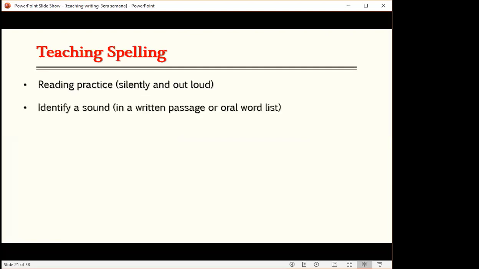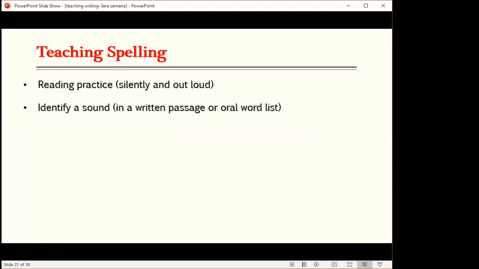The other one is identifying a sound in a written passage or oral word list. Notice it could be a written passage or an oral word list. Again, they are going to recognize the spelling and its relationship with the pronunciation.